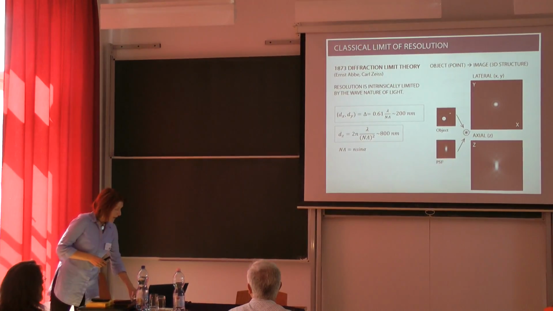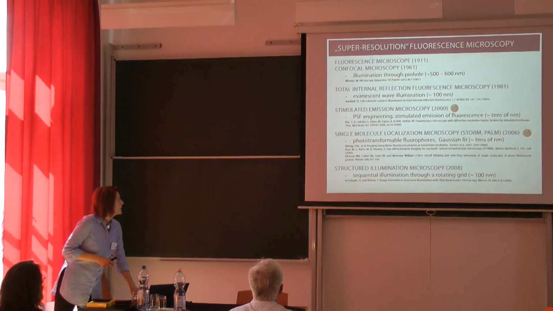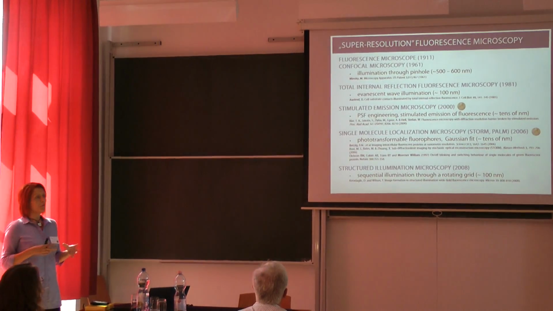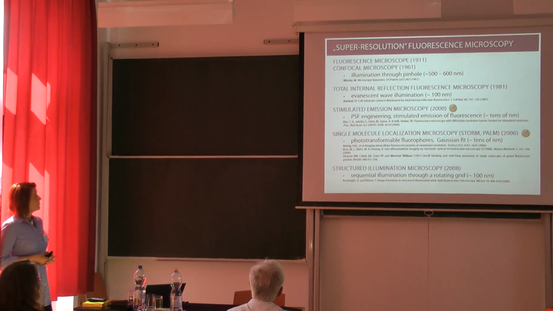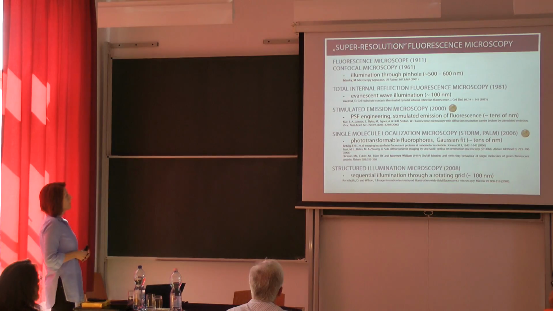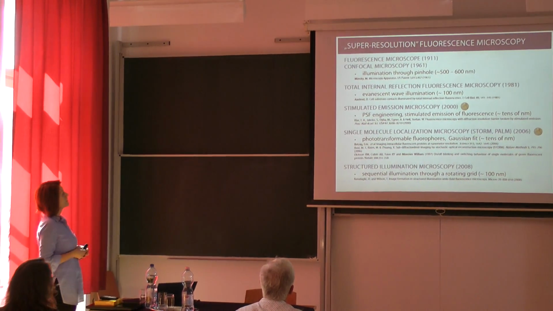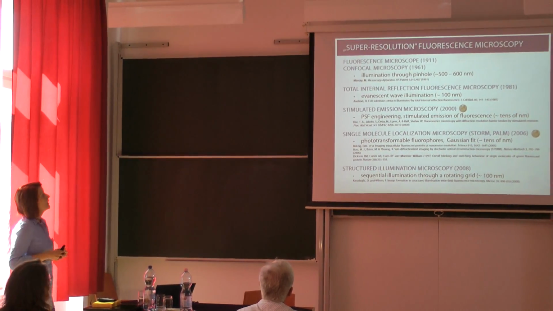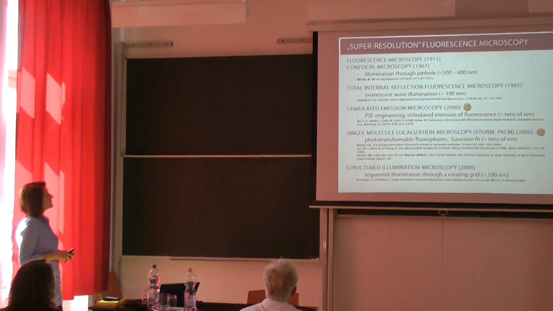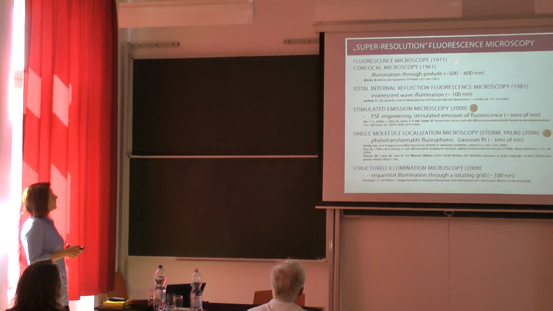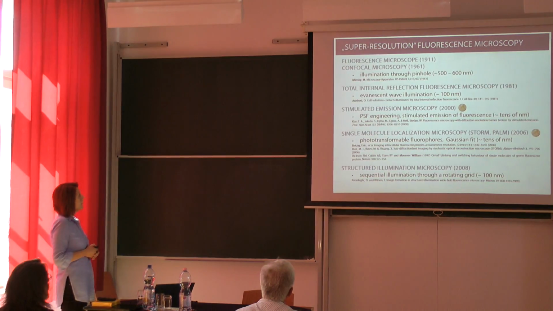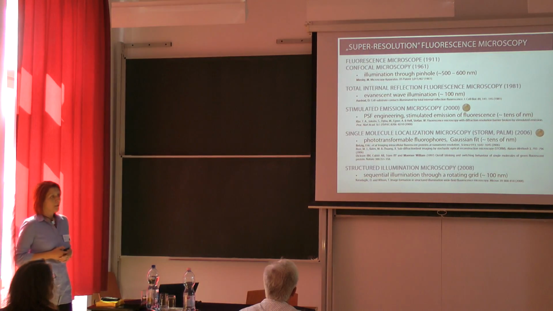That limitation actually inspired scientists to find ideas or tricks that can be used to improve the resolution of fluorescence microscopy. I am saying fluorescence microscopy because all of these techniques are fluorescence microscopy based. The first one was the confocal microscopy from 1961, developed by Marvin Minsky.